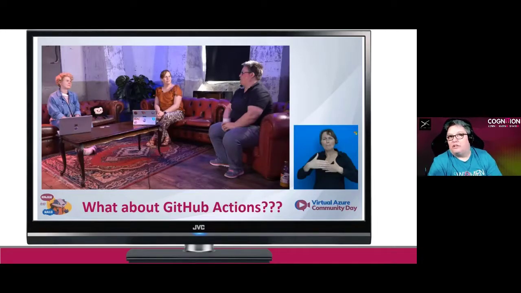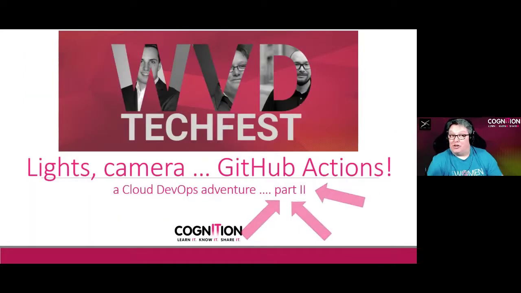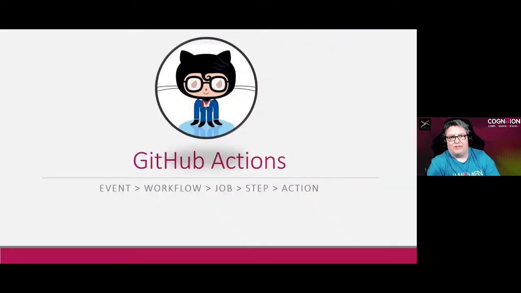And I had to admit that I didn't have any experience yet with GitHub Actions. So instead of just saying, I'm sorry, I am not familiar with GitHub Actions, I turned the question around and made it a challenge for myself to dive into GitHub Actions. This is how this presentation, my Cloud DevOps Adventure Part 2, got started. So let's dive into GitHub Actions.